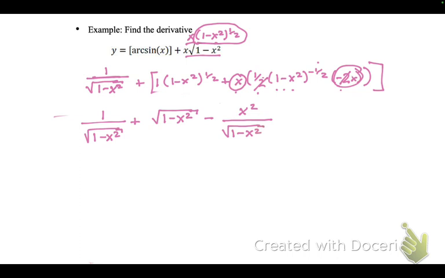Correct? So now what they did was they multiplied them all by the square root of 1 minus x squared. Because if I multiply them all by that, it gets rid of it. It gets them out of the denominator.